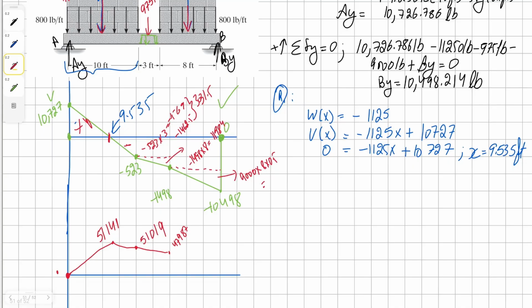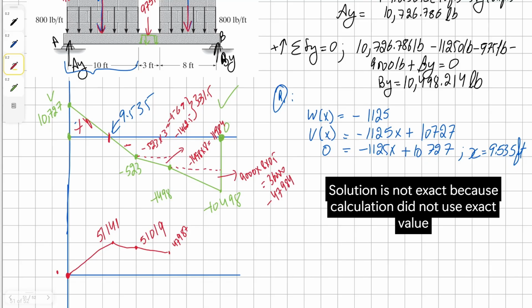Bottom one is 9,000 times 8 times 0.5, which is 36,000. Adding these together, we get our solution as negative 47,984 and 0. So the curve is going to come down by concaving upwards.